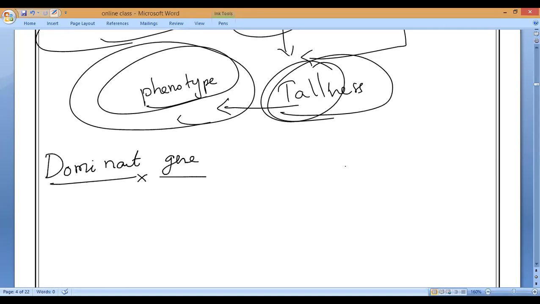So please write the definition. The gene which decides the appearance of an organism, even in the presence of an alternative gene, is known as dominant gene.